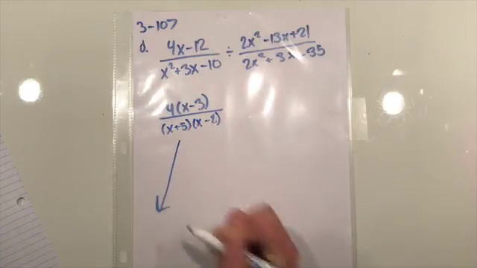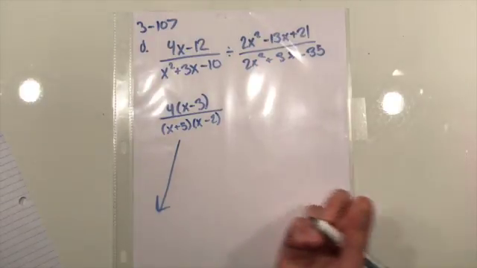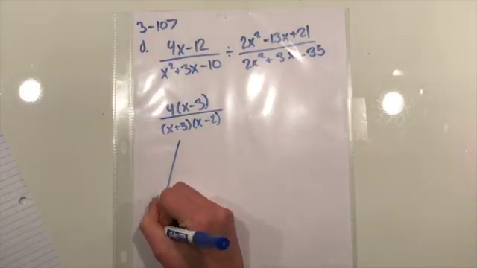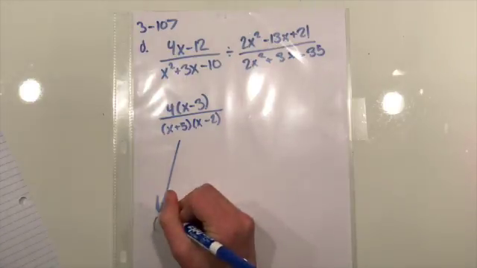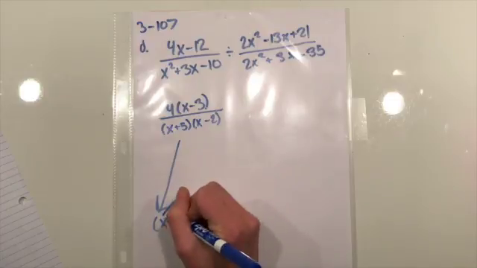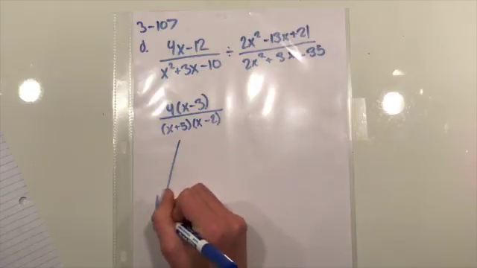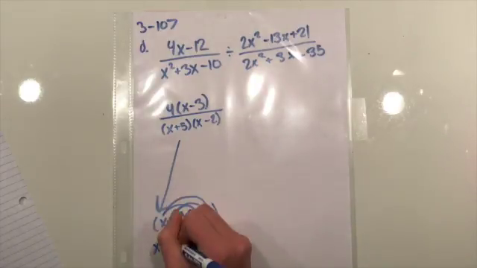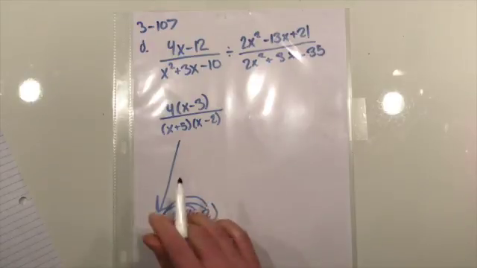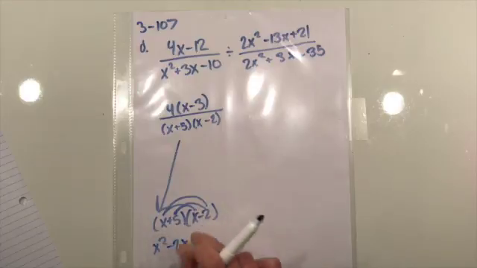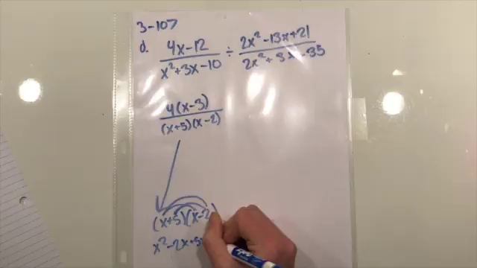We can check our work by multiplying them out with FOIL: first, outer, inner, last. x times x is x squared, minus 2x, plus 5x, and 5 times negative 2 is negative 10.